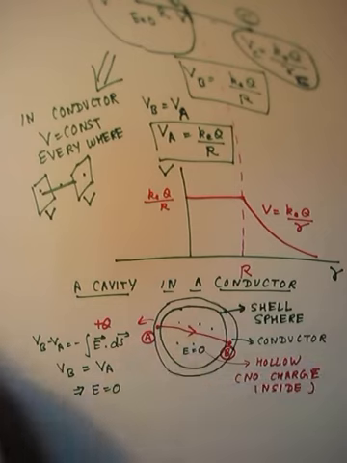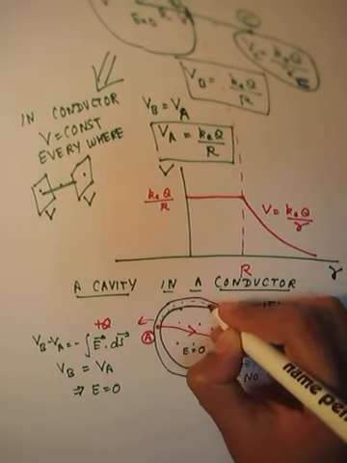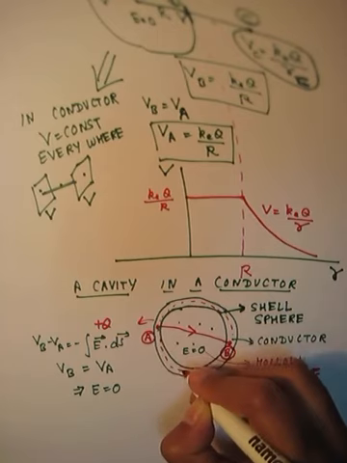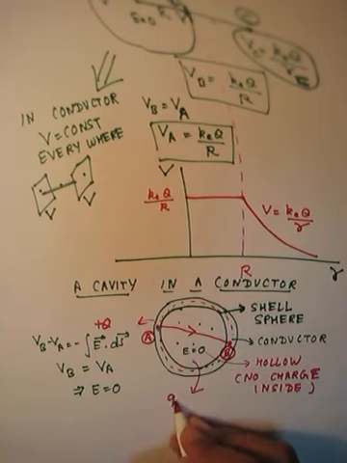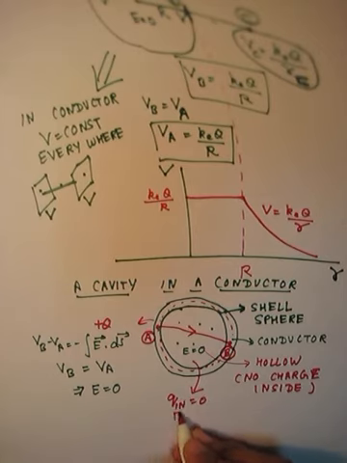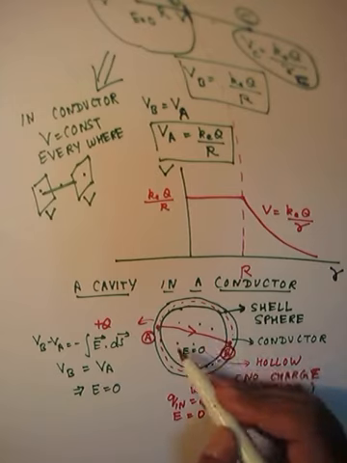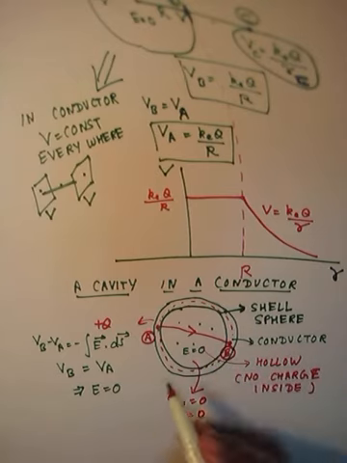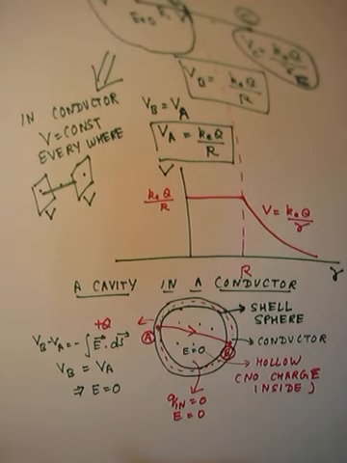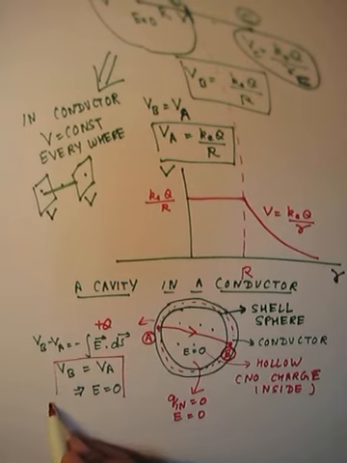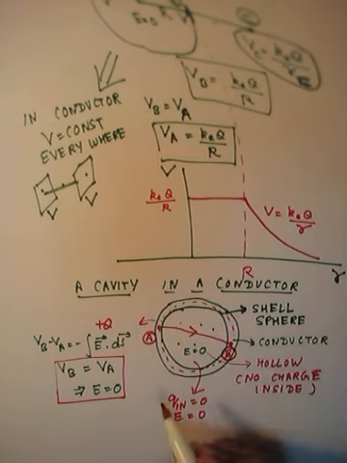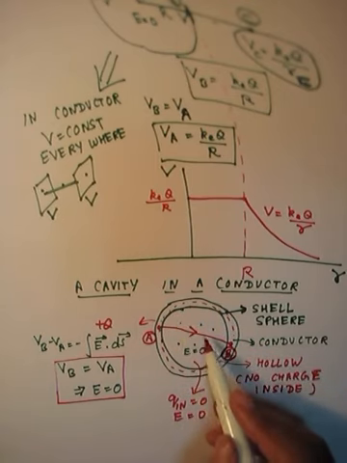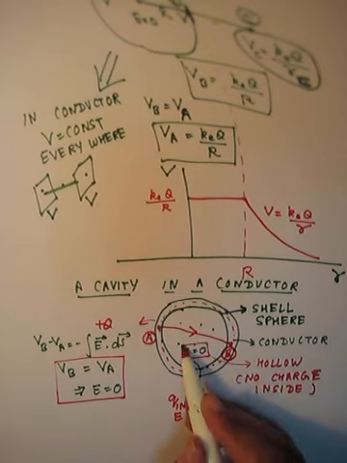If you draw a Gaussian surface and there is no charge inside, then the electric field will be equal to 0. So if something is surrounded by a metal, inside it will have an electric field of 0.